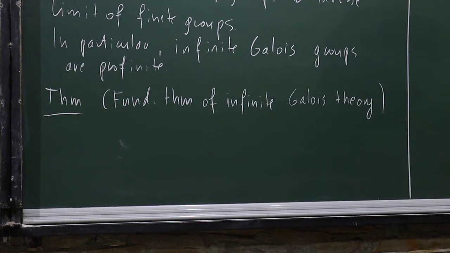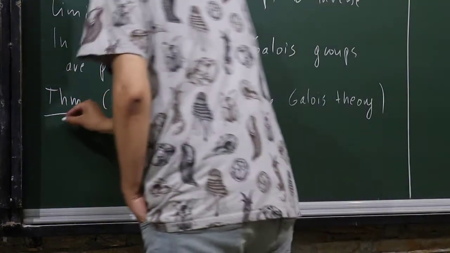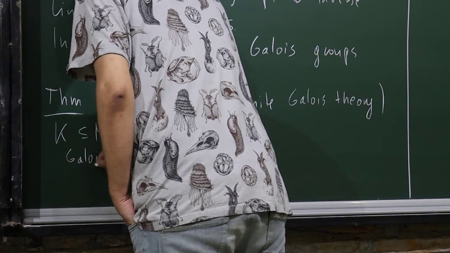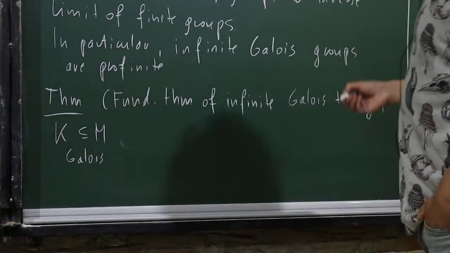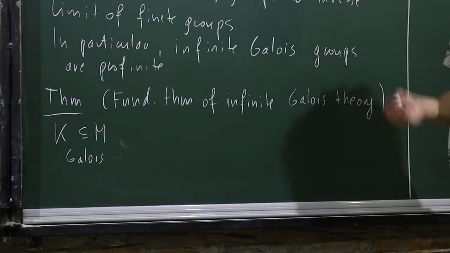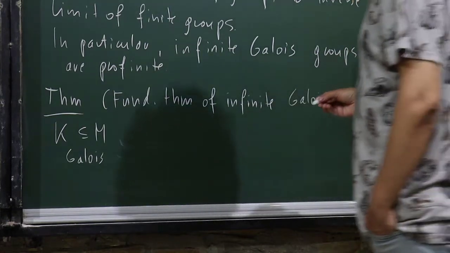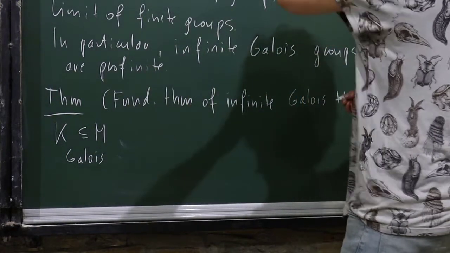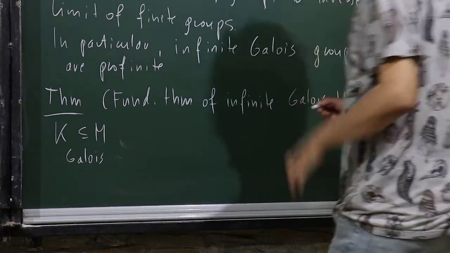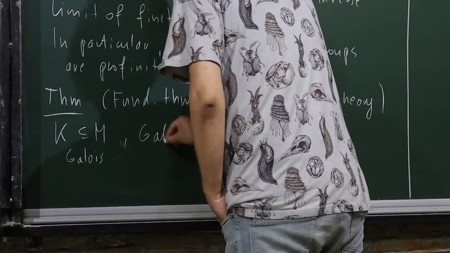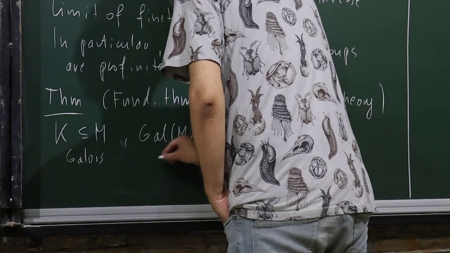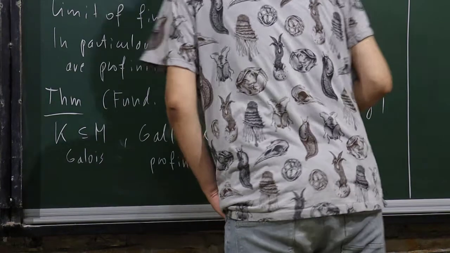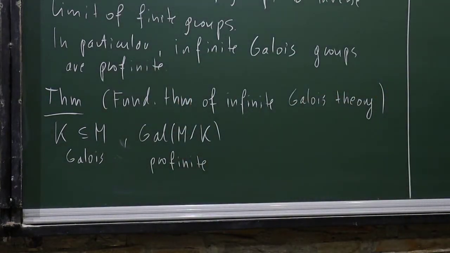So we have this Galois extension. We can also treat finite groups as profinite, just trivially, as an inverse limit where nothing happens. So I'm not saying infinite. So it really includes usual Galois theory. Then Gal M K is profinite.